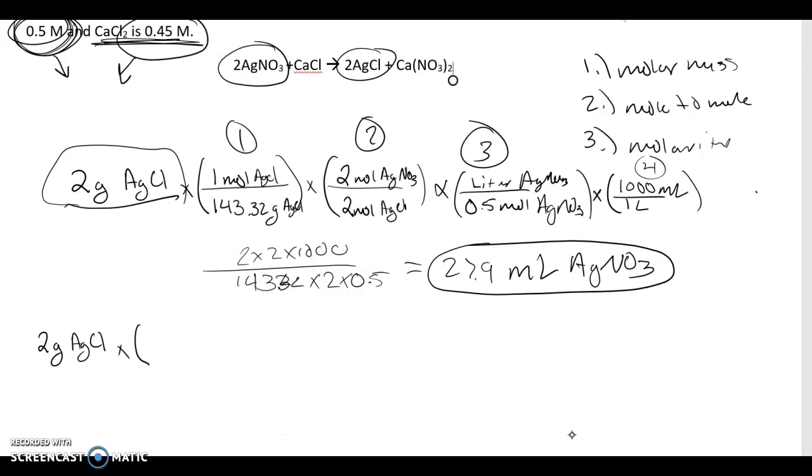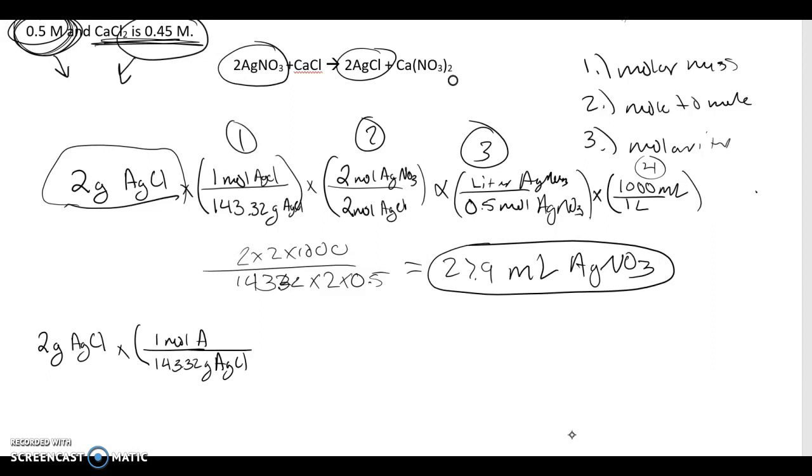You're trying to get from grams to milliliters in your dimensional analysis. So let's go ahead and do just that. Very similar first step. You have 2 grams of AgCl. We have to convert that to moles. The way you do that is you use the molar mass. Now this is the same as the step above. So 143.32 grams. Let me make sure I use my units.